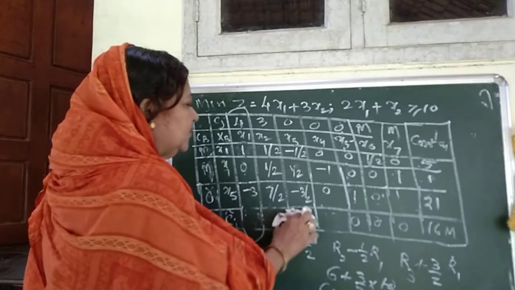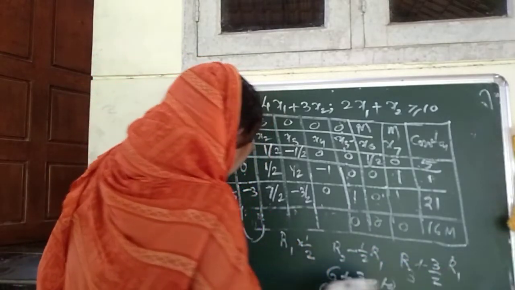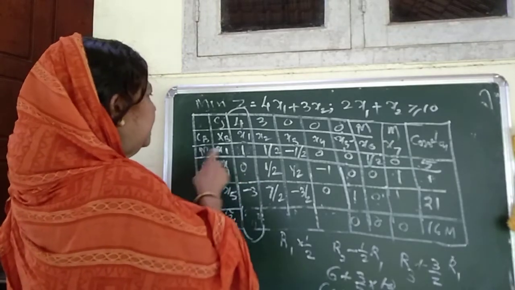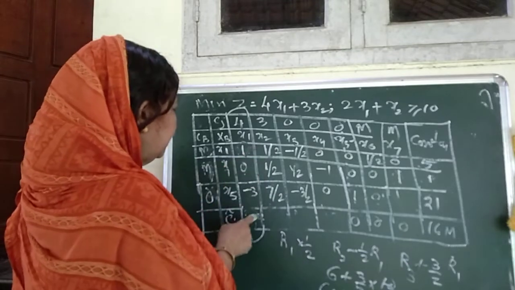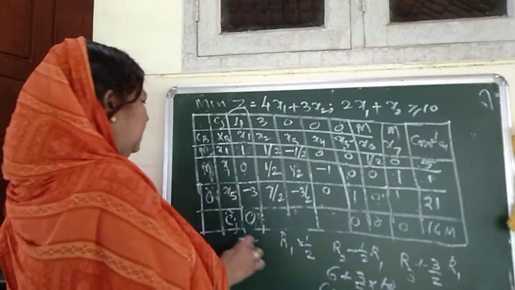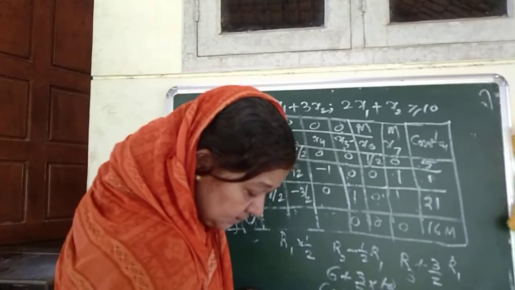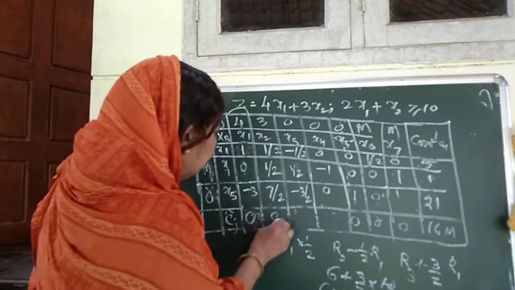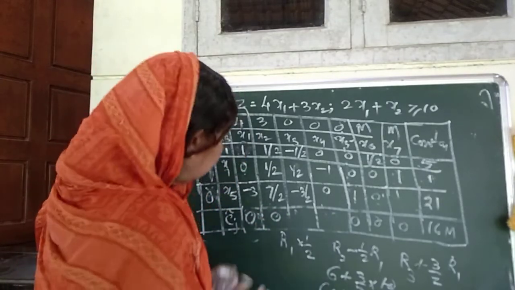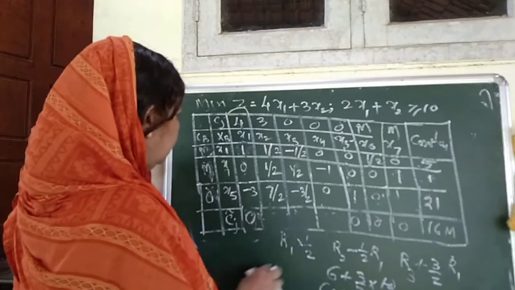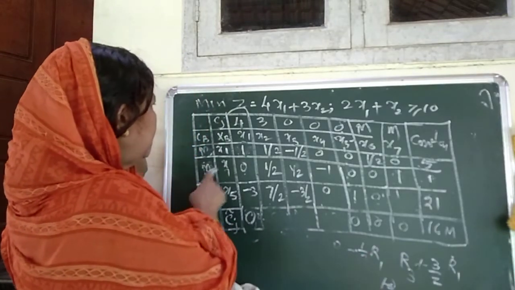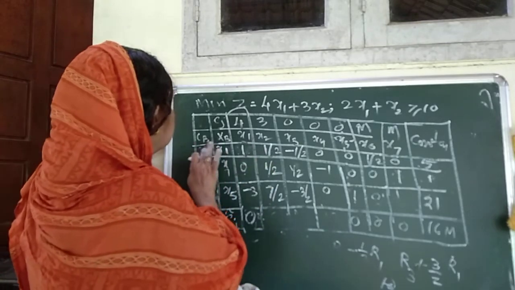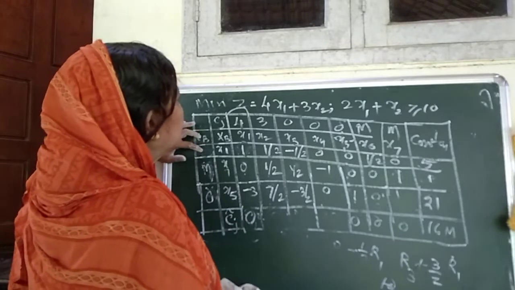Then we can find the profit value also. For profit value, x1 is in the basis. Sorry, for x1 the cost is 4.